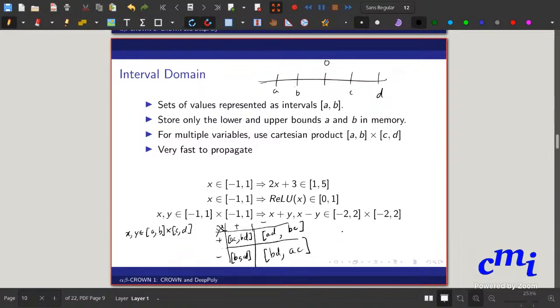And then we'll have the other cases where AB contains 0, CD contains 0, and so on. So there's a number of other cases to consider as well, right? Here we've considered that AB and CD are all on one side of 0. But things like this could also happen where CD is on one side of 0, but AB is containing 0, right?